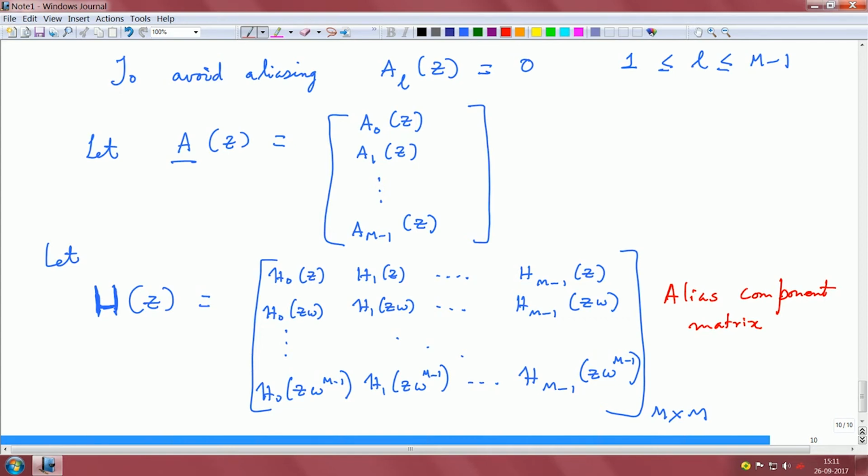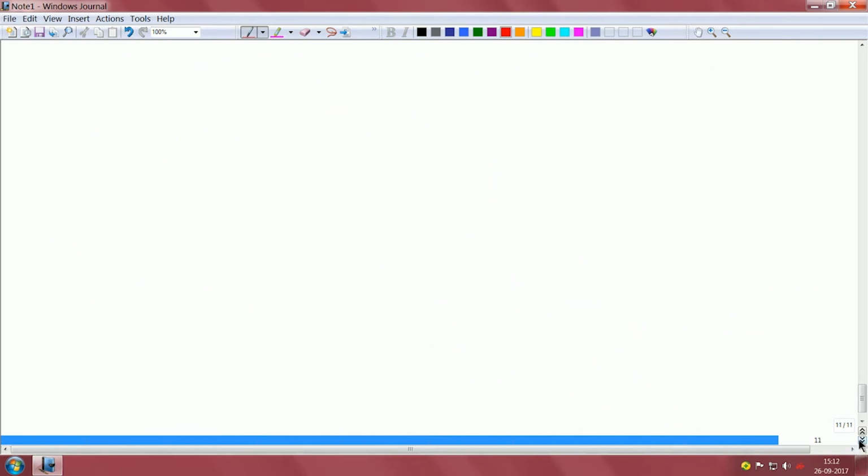Now, if you look into this carefully, if you want to avoid aliasing, you have to set all the Ai, i equals 1 to m minus 1, to 0, right. So, that is what you want to force, and therefore, your overall distortion function would be just A naught, which would be your unaliased version. Okay. So, we will go one step further.